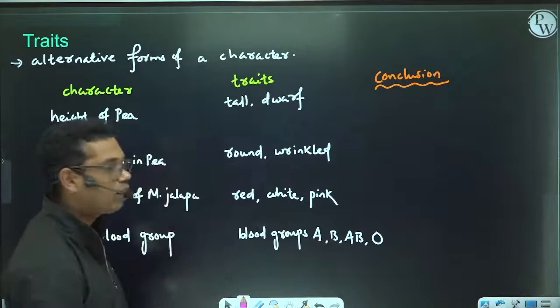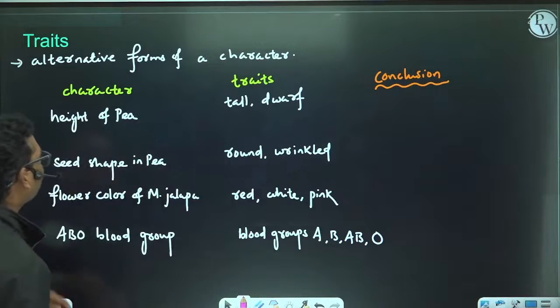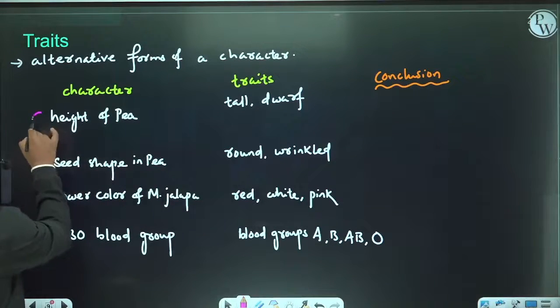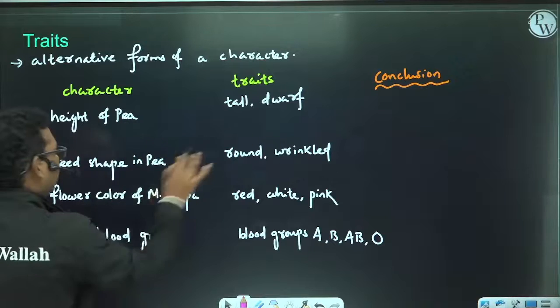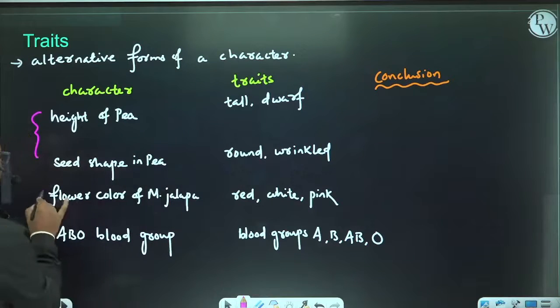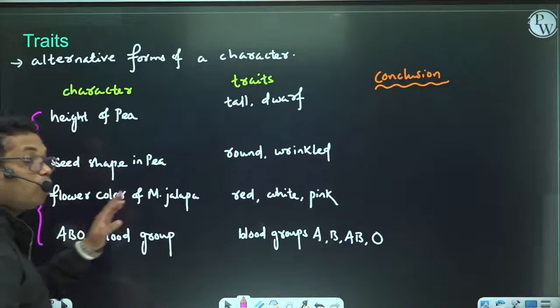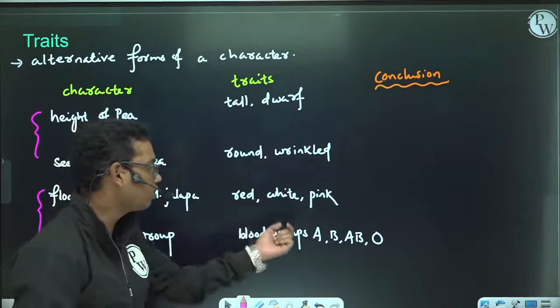So from here you can conclude, in these two cases you can see one character, two traits. But in these cases you can see one character having more than two traits. Here 3 traits, here 4 traits.